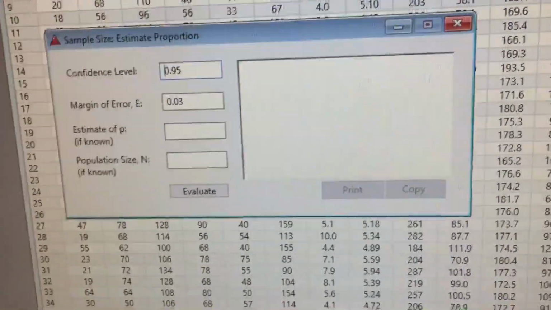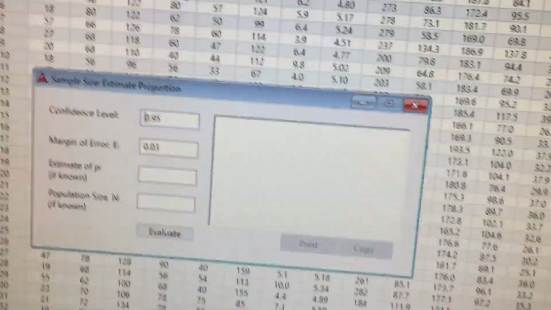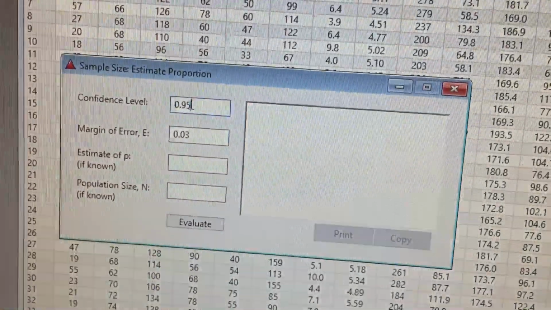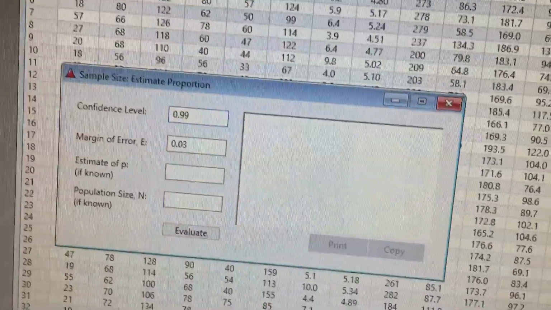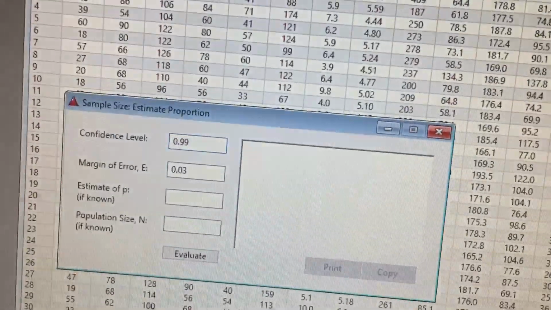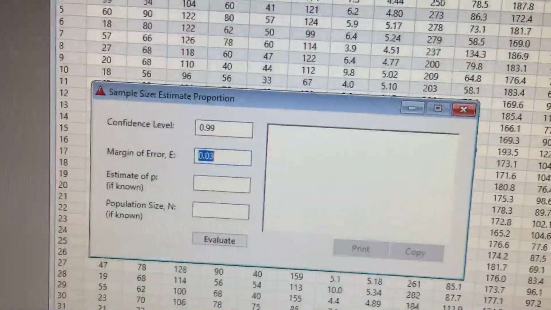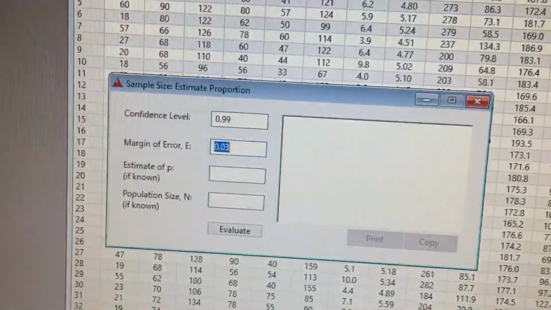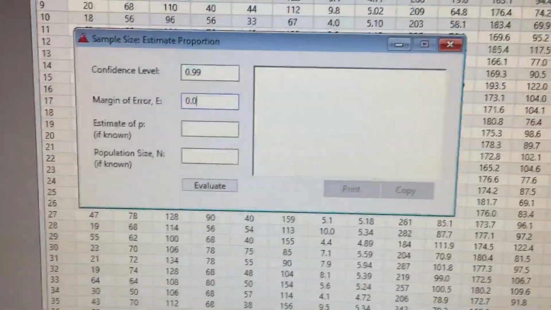We need to change that to 0.99. Okay? So 99% as a decimal, by the way, is 0.99. So I need to change that to 0.99. The margin of error. You were told we want the population proportion with a margin of error of 0.025, we enter that in.